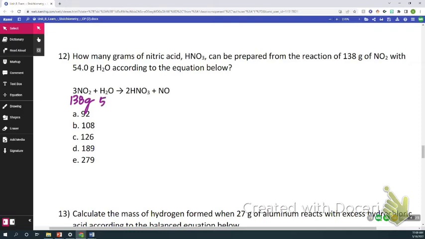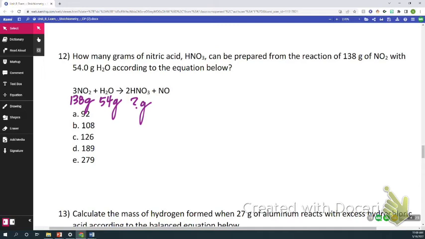And you have 54 grams of this. And they want this. How do you go about doing this problem? Anyone know how to do this one? Bronson? Try them both.